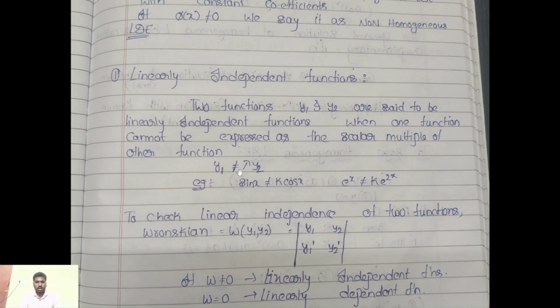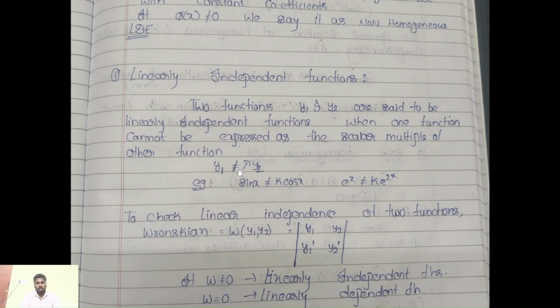If two functions y1 and y2 are said to be linearly independent functions, then one function cannot be written as a scalar multiple of the other function. Suppose y1 and y2 are linearly independent functions, so y1 is not equal to lambda into y2.